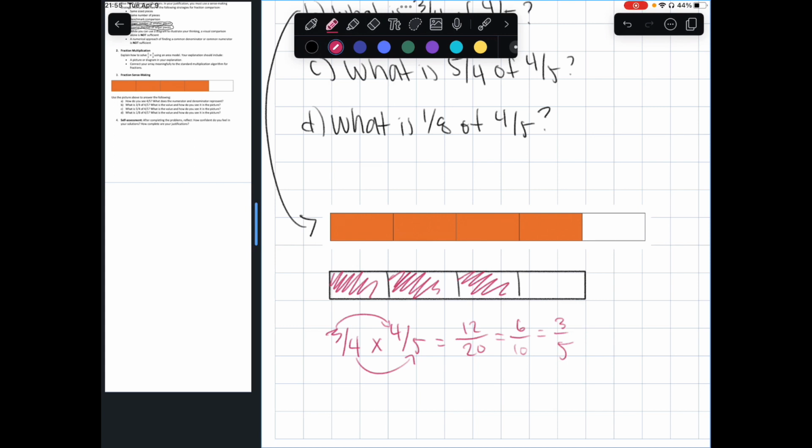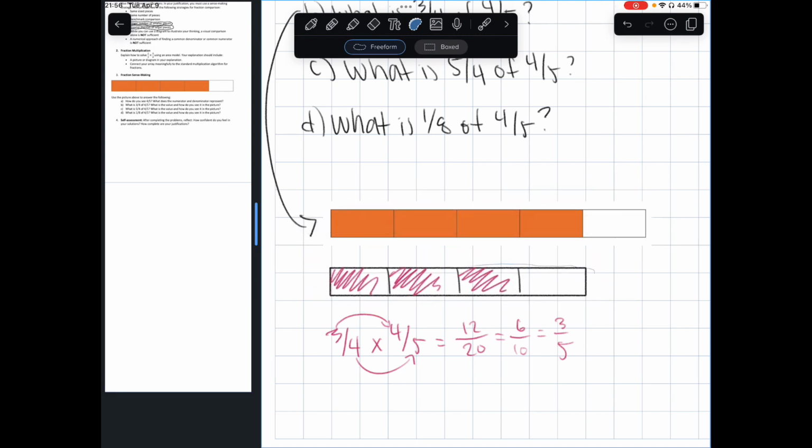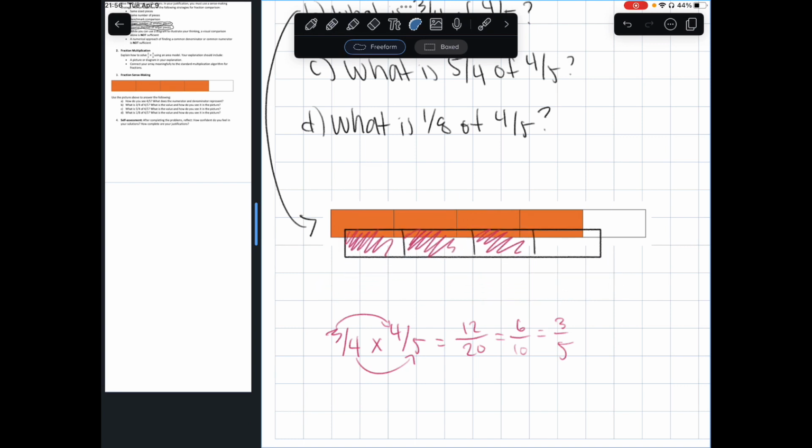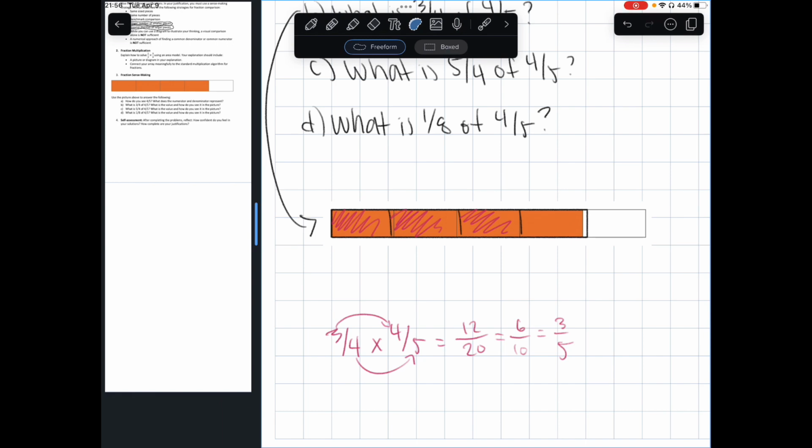So honestly, yeah, I was right. You really can just move these up here. 3/4 of 4/5 is 3/5. So you really can just take our little model that we made and put it right on top for this specific example. And that's what I will say for this one.